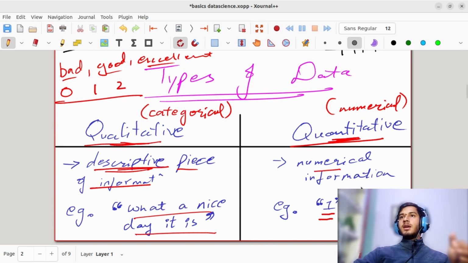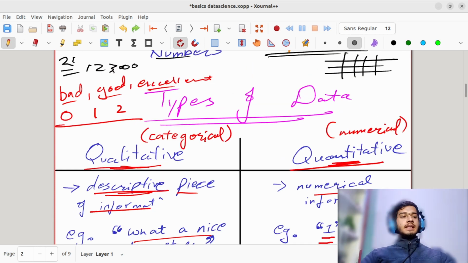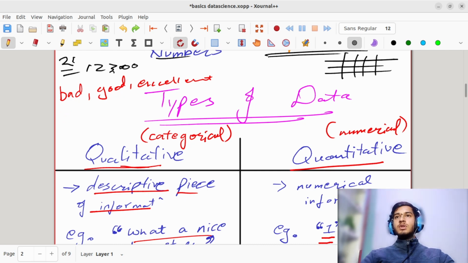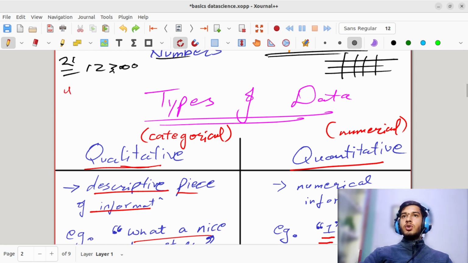You would have seen this in ratings, if you purchase some item on Amazon or some e-commerce website, you can give ratings either in textual form like good, bad, or as 1 star, 2 star, 3 star, right?